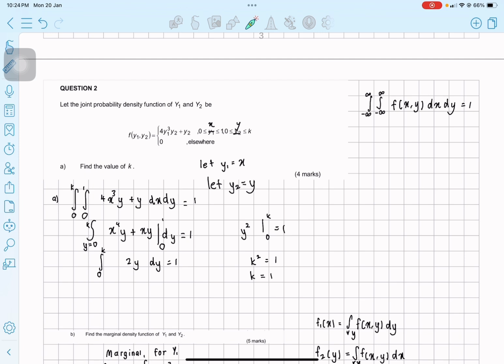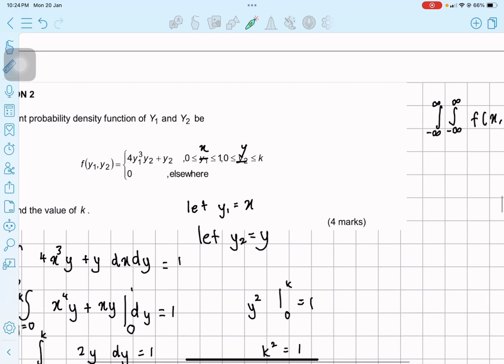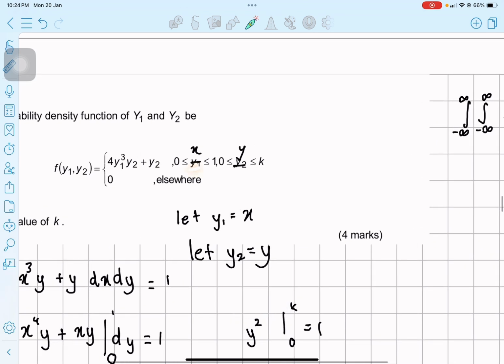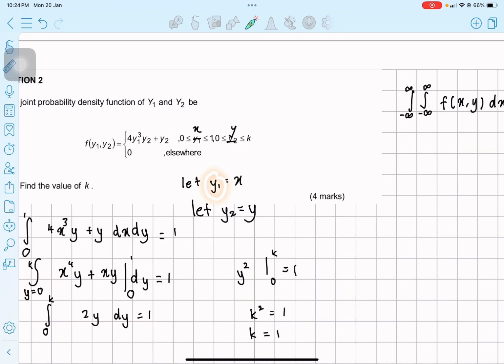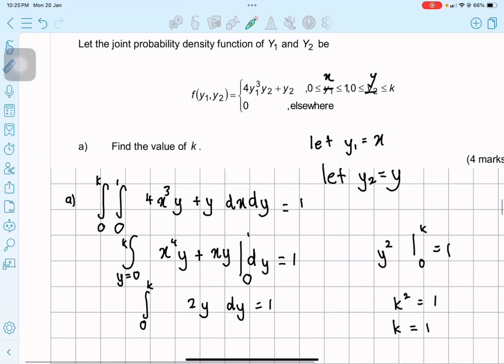Let the joint probability density function of y1 and y2 be given. What we can see here is the joint probability density function, and the range for y1 is 0 to 1, and for y2 from 0 to k. I let y1 equal x and y2 equal y. For the first question, A, find the value of k.